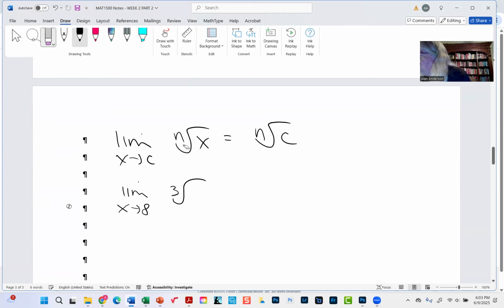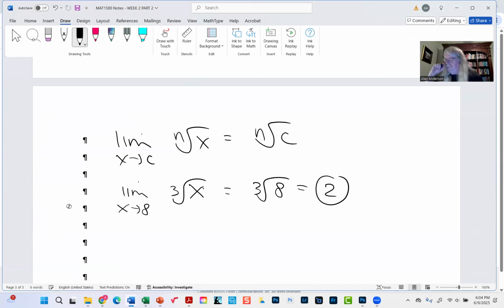Let's try that again. Yeah, it's being stubborn with me. You see how it won't let me get out of that eraser mode? It happens sometimes. So I'm going to just use direct substitution. And I just end up with 2.